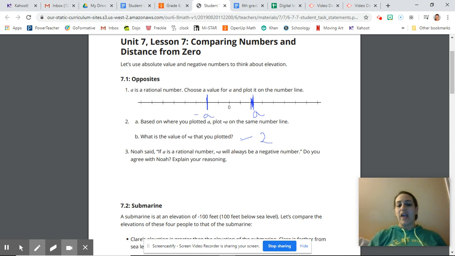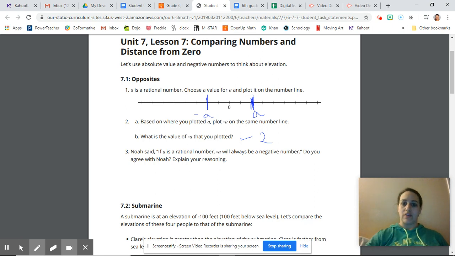Noah said if A is a rational number, negative A will always be a negative number. Do you agree with Noah? Explain your reasoning. All right, so negative A is always going to be the opposite of the number that we chose.